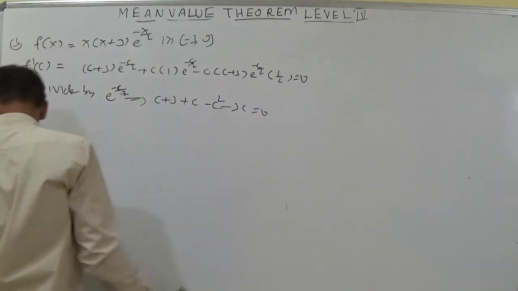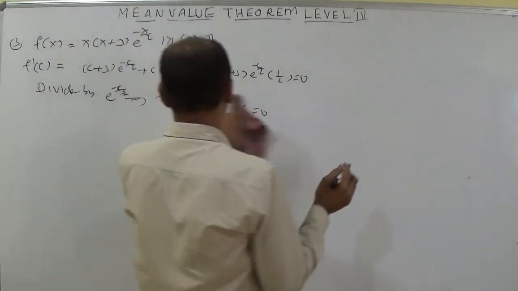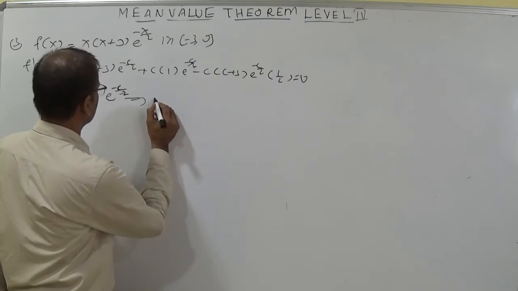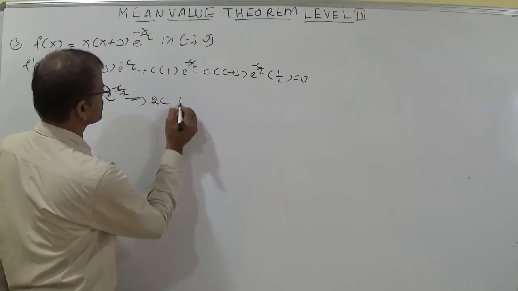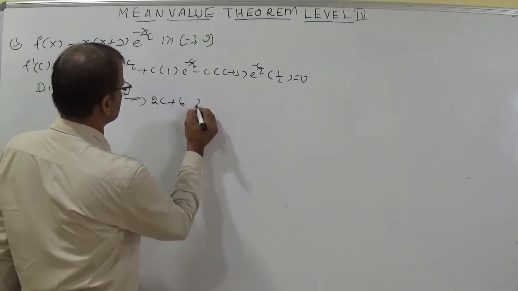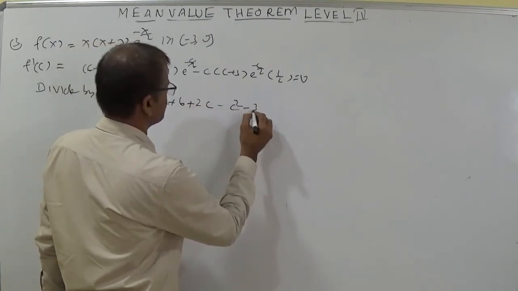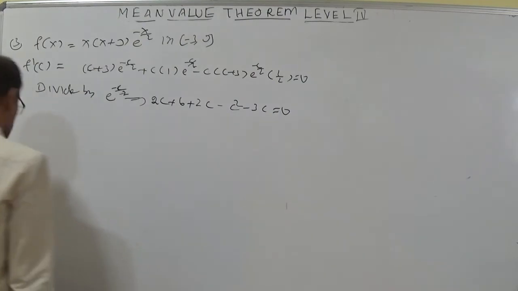By 2 is there, so after taking LCM we can write 2c plus 6 plus 2c plus 6 plus 2c minus c square minus 3c equal to 0.